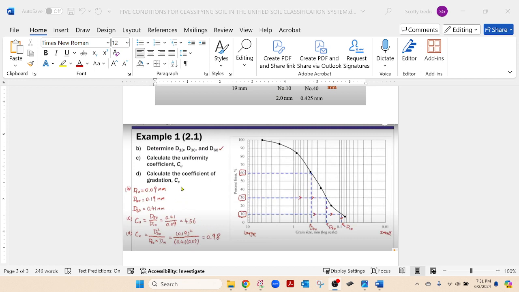So to calculate this uniformity coefficient and this coefficient of gradation, we have a formula, and that formula is D60 over D10 for the uniformity, and D30 over D10 times D. I cannot read that, but my book can.